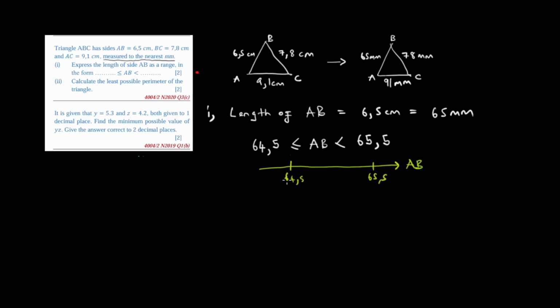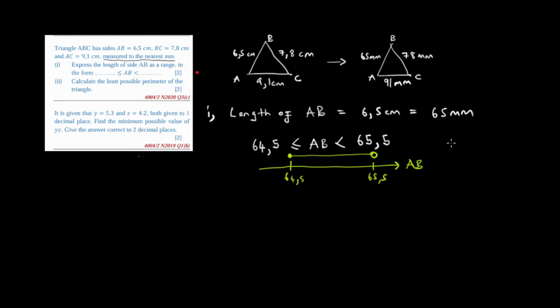So here 64.5 is included because that is the lowest value we can round off, or round up, to the nearest millimeter giving 65. But because here it says less than, that will be a hollow circle like that. So the lower bound, the lower number, I think it's easier to understand. It should be 64.5.